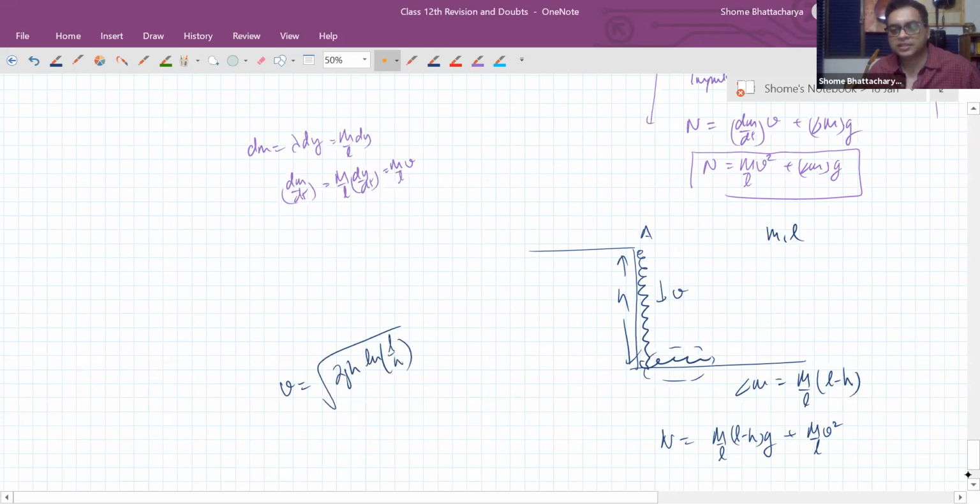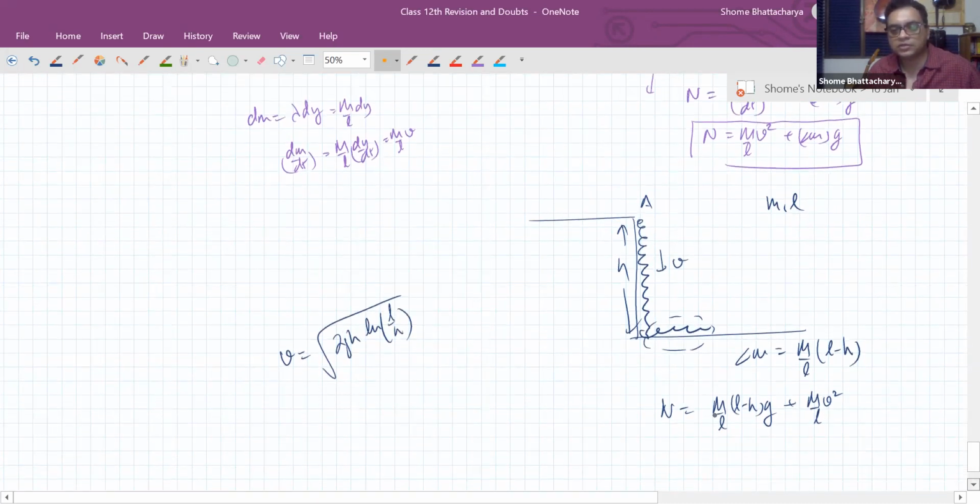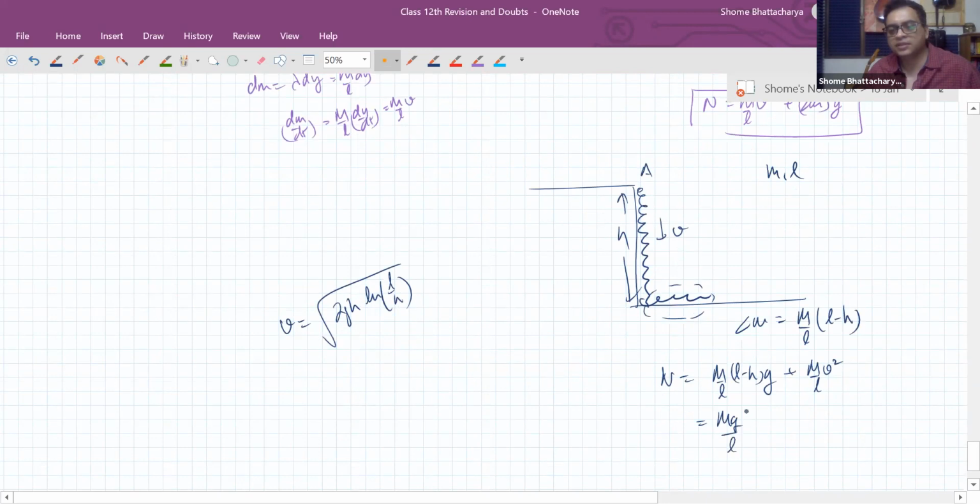So ultimately it will come like this, if we take m by l into g common, or mg by l common, we will have this term, Somadeep, you've given it correctly, plus 2h into ln of L by H. Right, this is the answer you are also getting, I think.